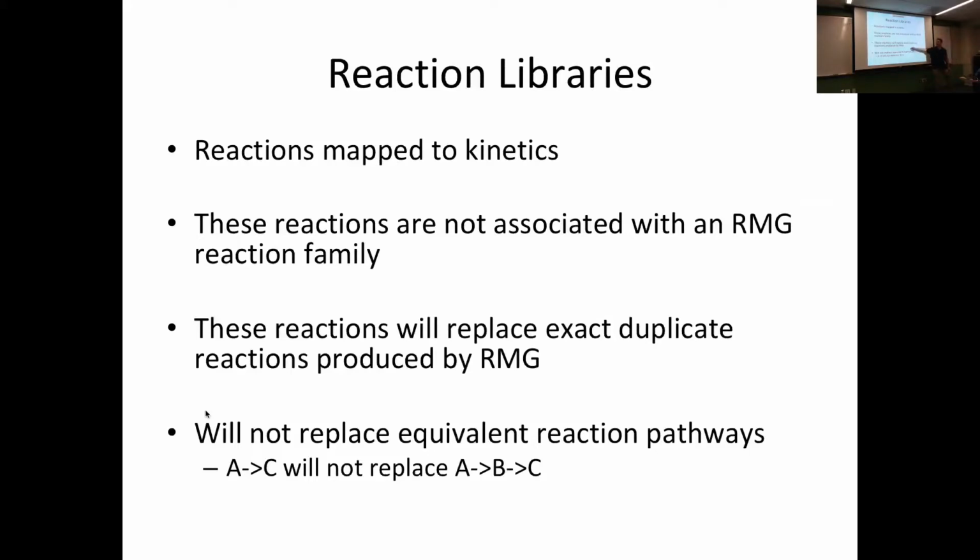In order to deal with this, we remove all of the exact duplicate reactions to a library reaction that are in RMG. So if you have A to B in the reaction library, all of the A to B reactions that are generated by RMG will be removed, because it assumes that what you put in the reaction library is the total rate for that reaction, regardless of multiple transition states and all other things.